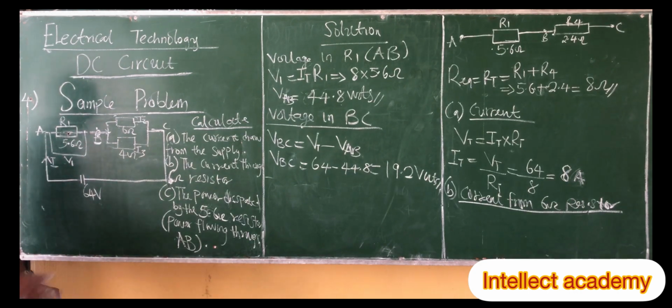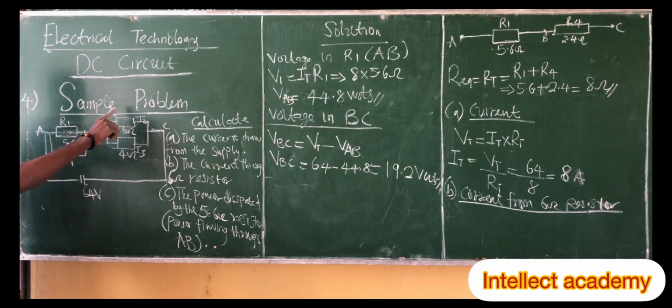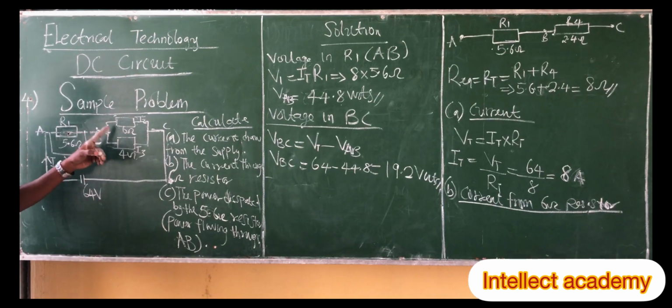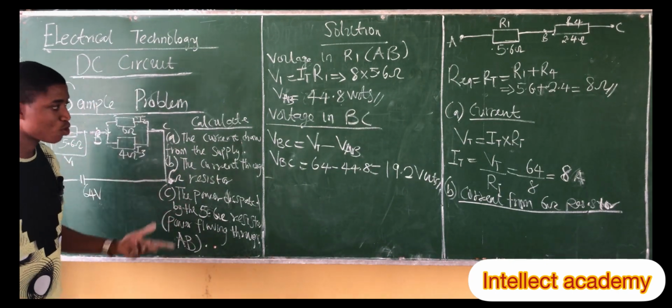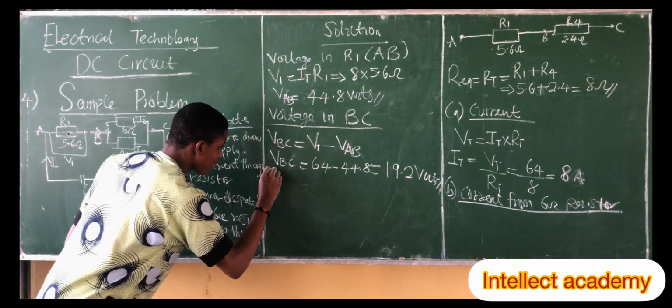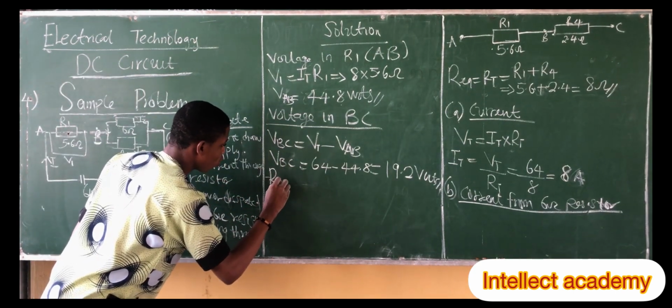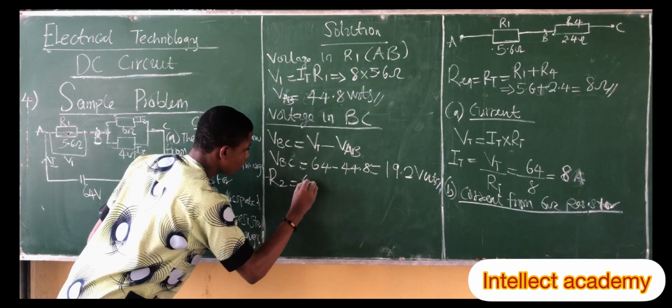Now, the 19.2 volts is the voltage around what? And we said that in a parallel circuit the voltage is equal, and the current is different. So since we know the voltages are equal, to calculate the current in the 6 ohms, we know that the resistance R is 6 ohms.